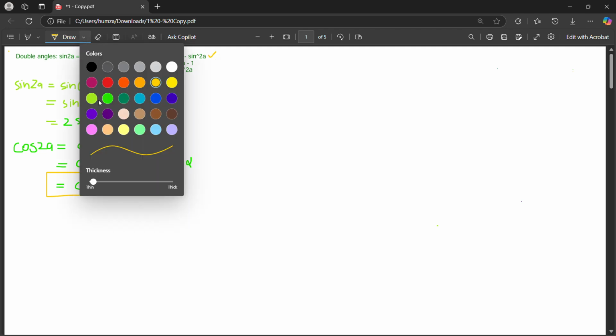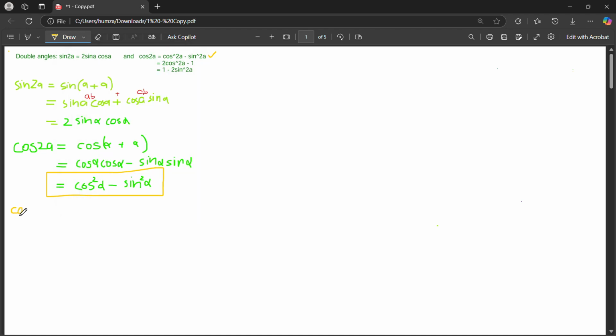Let's write this again: cos 2a is equal to cos squared a minus sin squared a. Now we're going to use this.